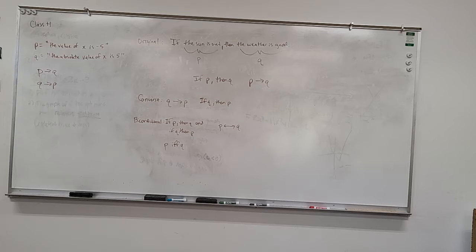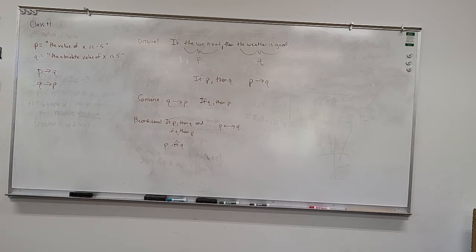Cameron? If the absolute value of x is 5, then the value of x is -5. All right. Does everybody agree with that? We just switched it around. We put if in front of this, comma, then in front of this, because it's Q, then P.